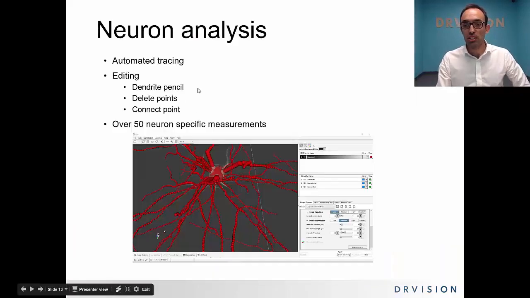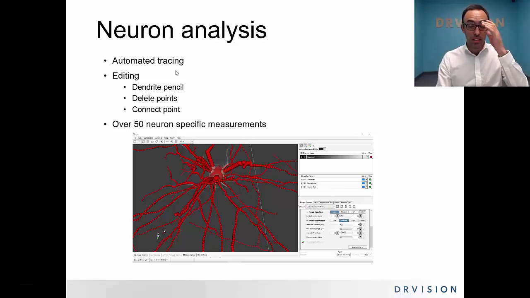So the Neuron Analysis tool is fully automated, and you can see on the bottom right hand side what parameters you will need to put in order to get the protocol to run. I'll do a brief demo in a moment, but you can get pretty good tracing with the automated method.